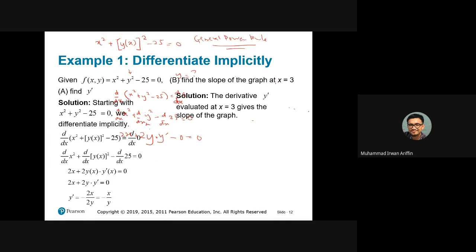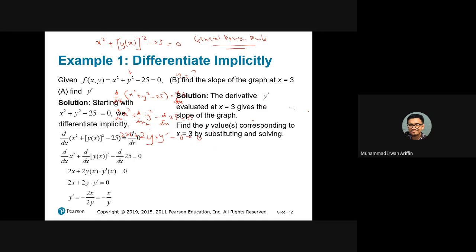Now, at x equals 3, it seems that this equation is not a function, because there is not only one corresponding y. There are more than one y. So if you simply put 3 here, you have negative 3 over y.